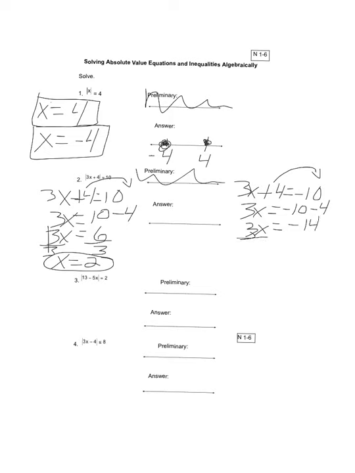Last step, divide by 3. And x equals, whew. Calculator? It's negative, we know that because it's a negative divided by positive. -4.6. Boom. Box it, circle it, square it, rectangle it.